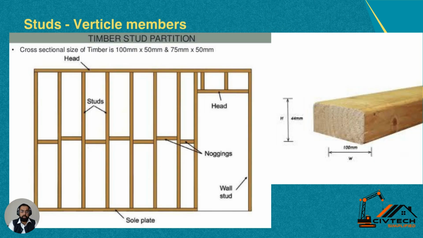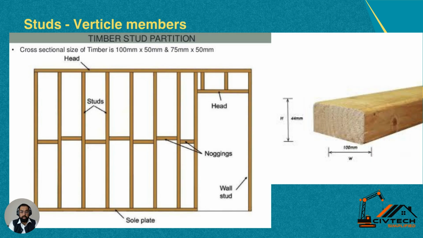I will show you the idea of what studs are basically. In the picture on our left side, there is a wooden frame, and in that wooden frame, the horizontal one is called the head, and the vertical member of the partition is studs. So these are the noggings which we discussed in the last video, part one.